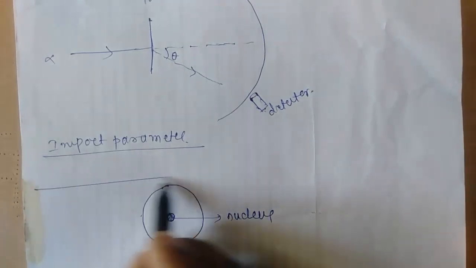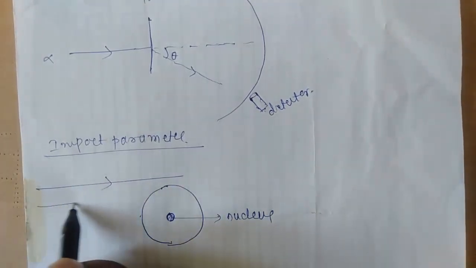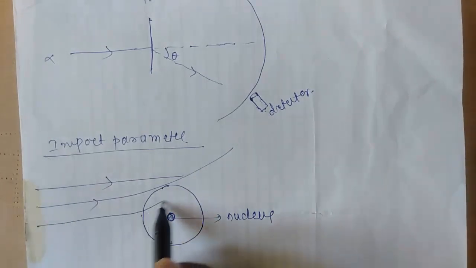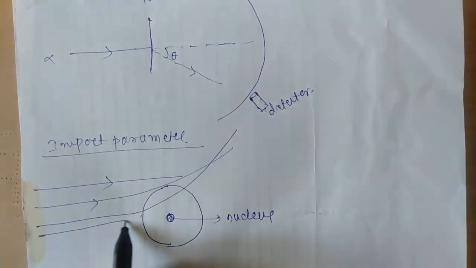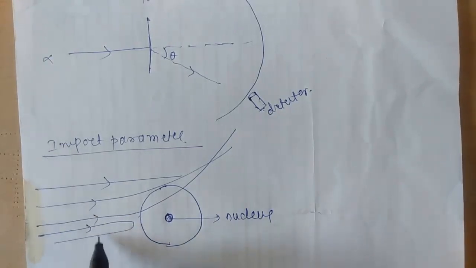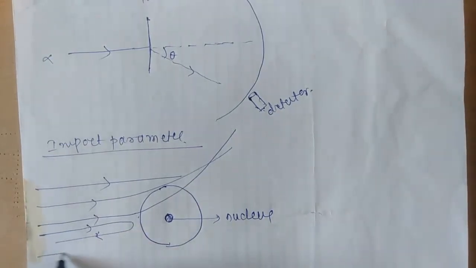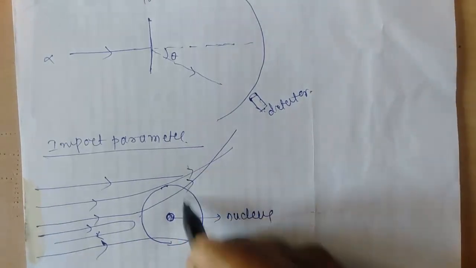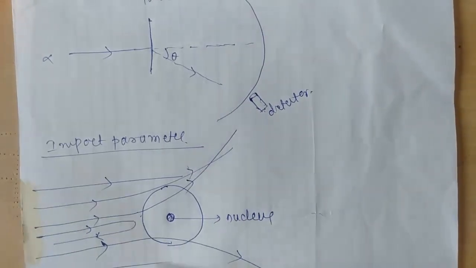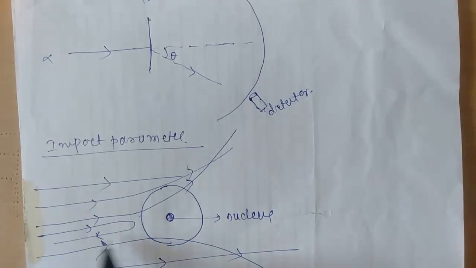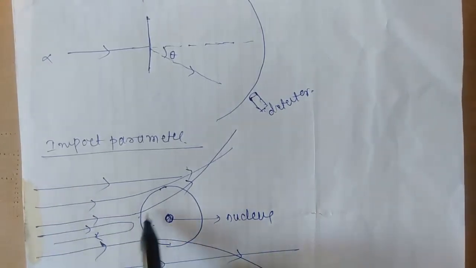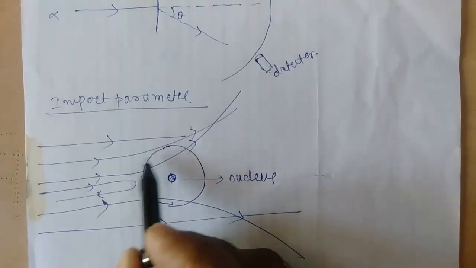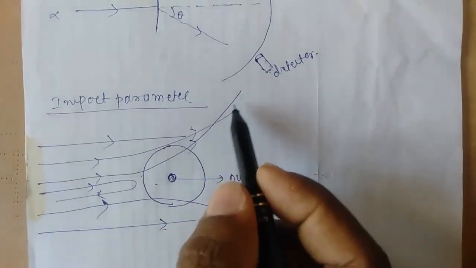Now we have certain alpha particles which are directed towards this target nucleus. Those alpha rays which are incident head-on, or approaching near the nucleus, we can see that there will be a scattering of those alpha particles.